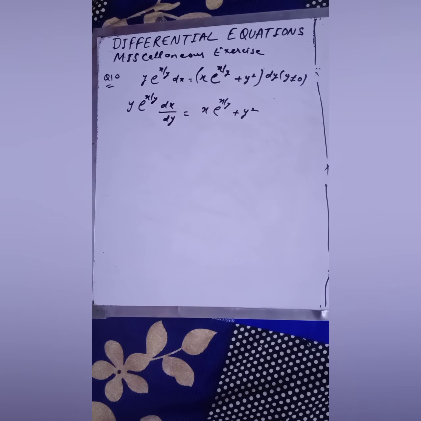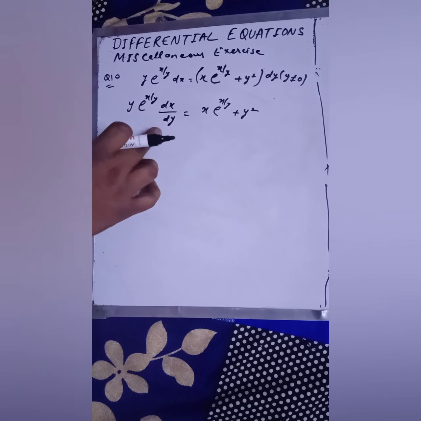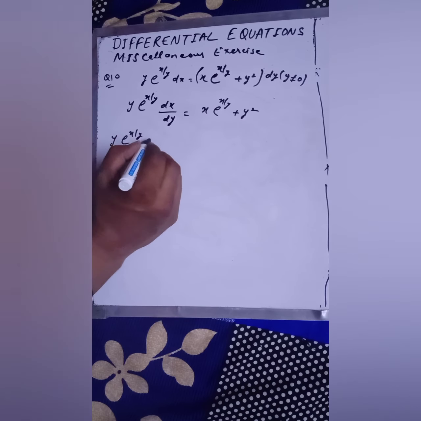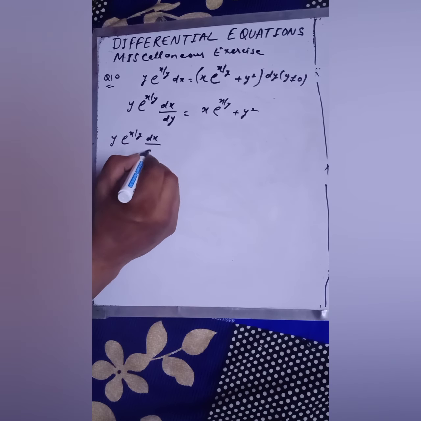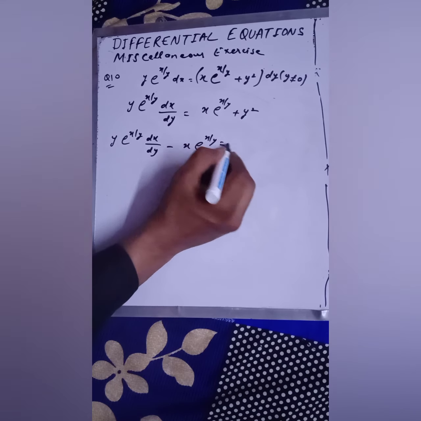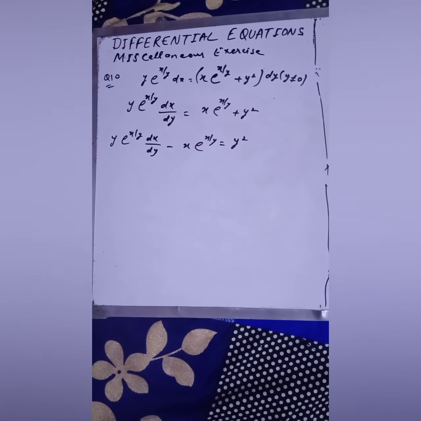Okay, in the next step what you have to do, you have to shift this here, so I'm writing e raised to power x by y, that is dx by dy minus x e raised to power x by y, that is equals to y square.